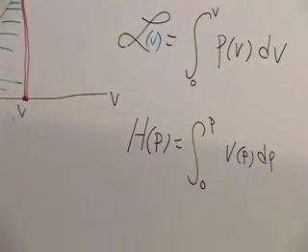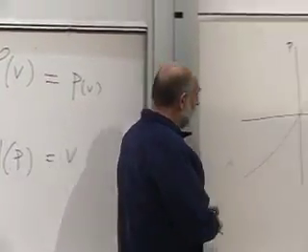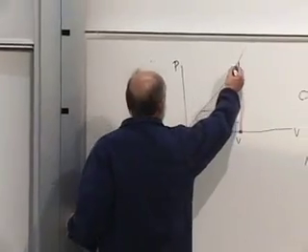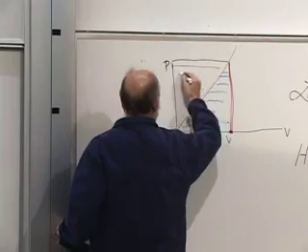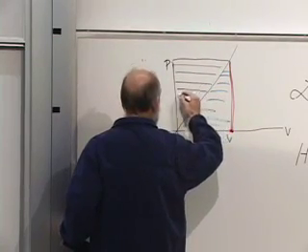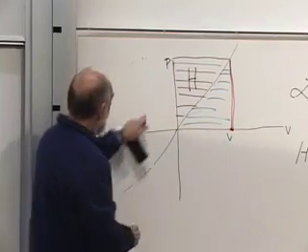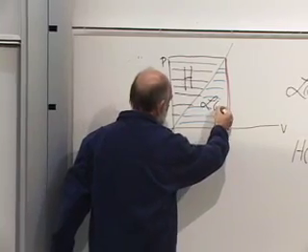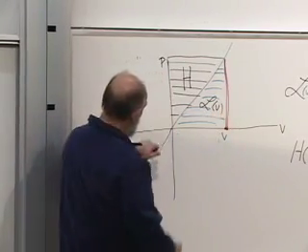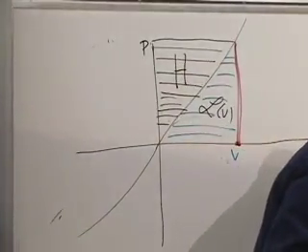That's the other defining equation here. The derivative of H with respect to p is equal to v. All right, so the geometry of that then is that the area in here is H of p, and the area in here is L of v. This area in here is the integral of v of p dp.